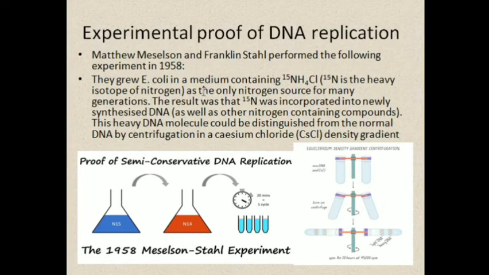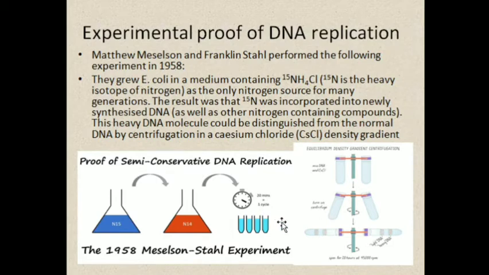This bacterium was grown for many generations in heavy nitrogen, and then it was transferred to a medium containing ammonium chloride with normal nitrogen, N14. This was grown for 20 minutes because the bacterium duplicates in 20 minutes, and then the results were taken, and again after 20 minutes the results were taken.